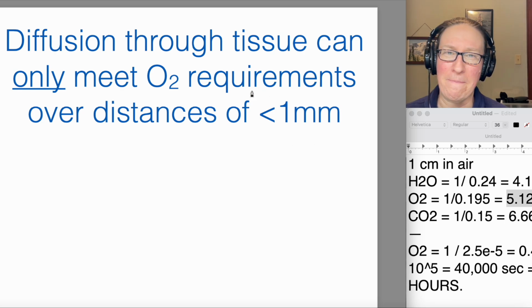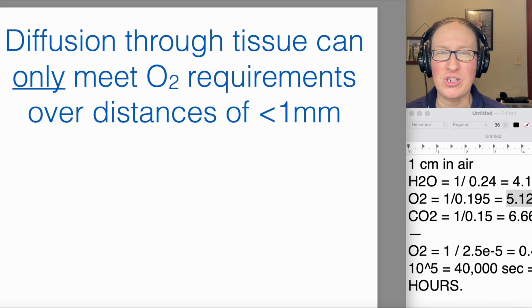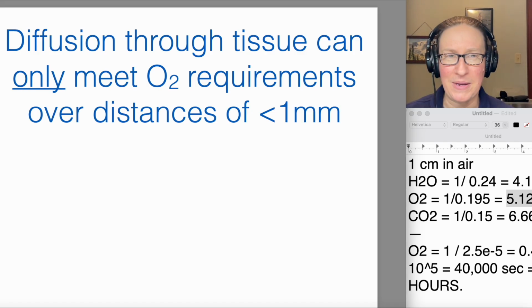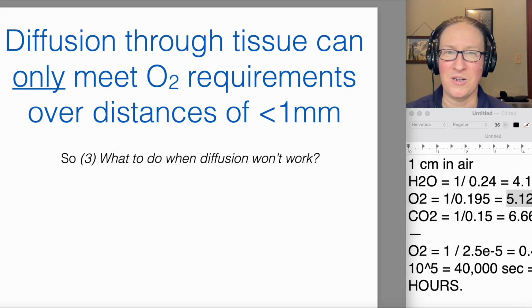So animals can only rely on simple diffusion if the distance of oxygen travel is less than 1 millimeter. Now picture a millimeter in your mind for a second as I say this. That's how far oxygen can make it on its own.